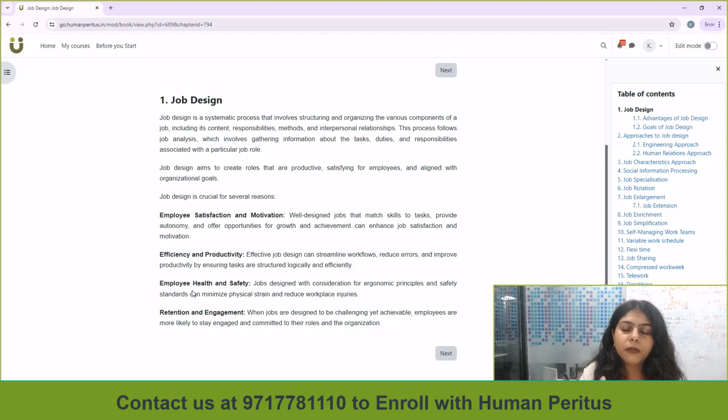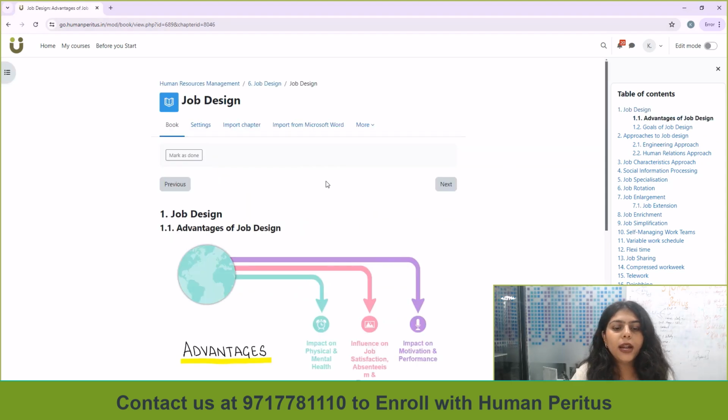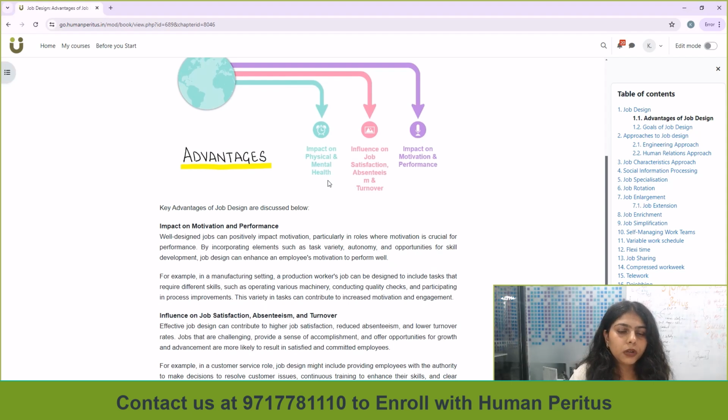The best of your employees, you would want them to stay with your company so that you can be successful always. So job design helps employee retention because they think that the company cares about them, and they're happy with their roles in their jobs. So retention and engagement.